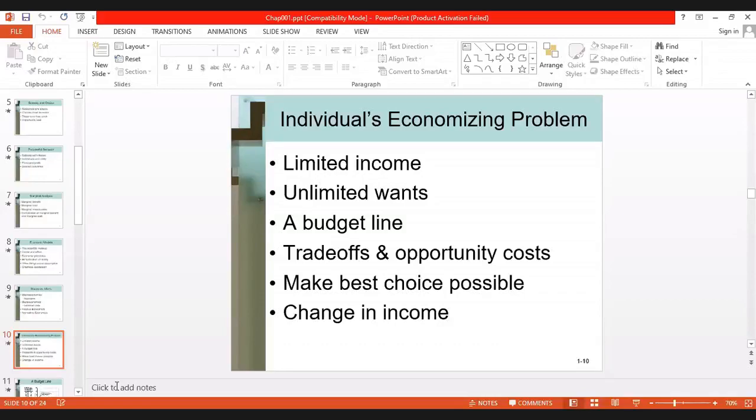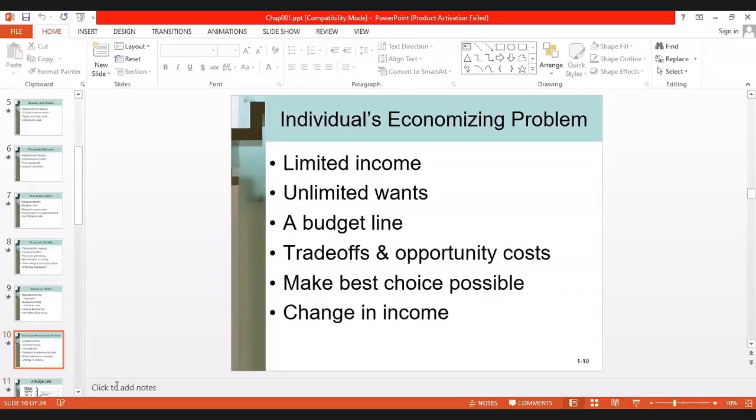If we are going to buy one more unit of one commodity, we are giving up the other commodity. That is the opportunity cost of buying this additional unit. We can show the combinations of goods we can purchase.